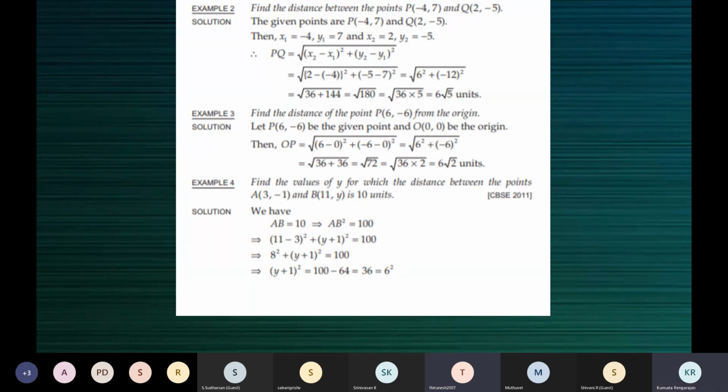Correct. Because you're treating it as a plus b the whole square, but there's a minus sign there, a will be -1 and b will be minus y. So when you're expanding a square plus 2ab plus b square, in place of a and b, you should use these values. That's all it is.